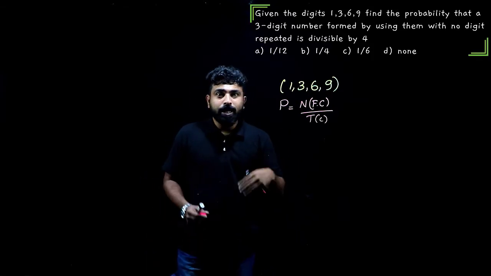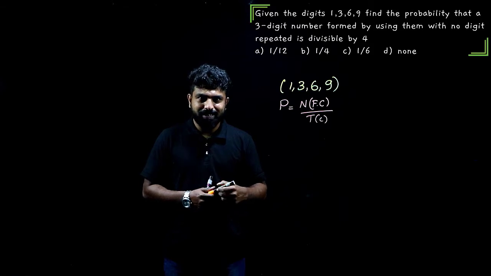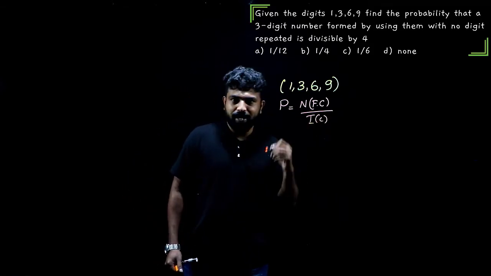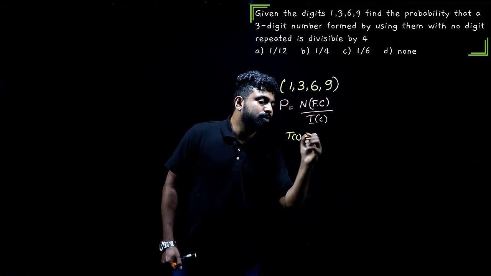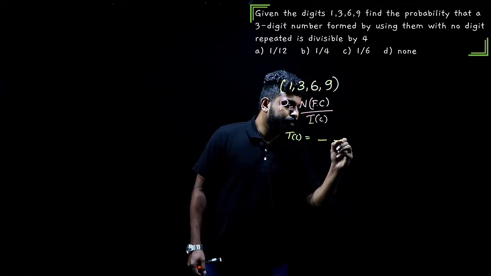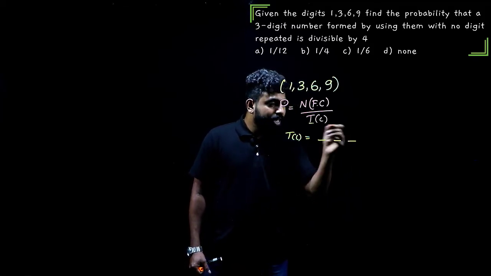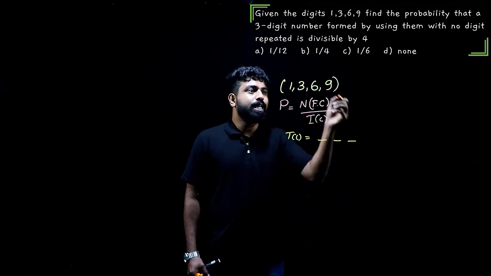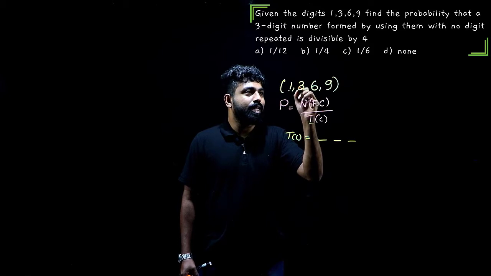So now how can we do this? Let us go to our permutation and combination. Let us first find the total number of cases. We need to form a 3-digit number, so there are 3 places here. And how do we need to form these 3-digit numbers? By using these 4 numbers, 1, 3, 6 and 9.